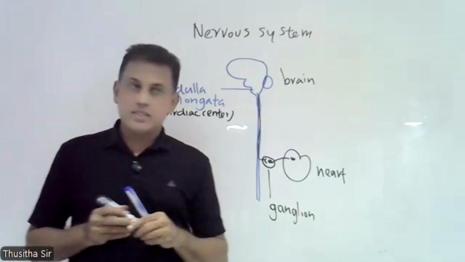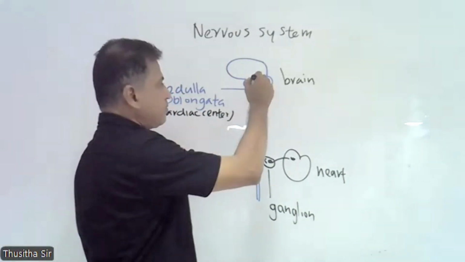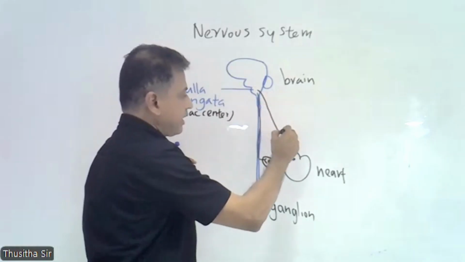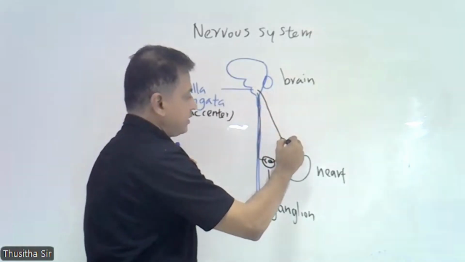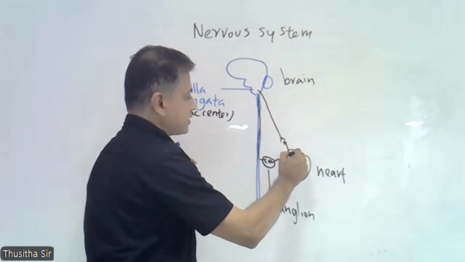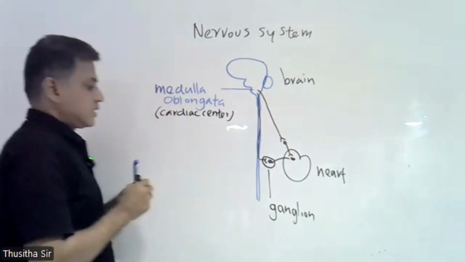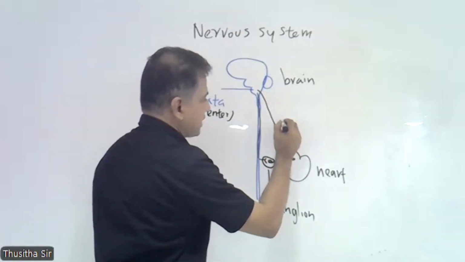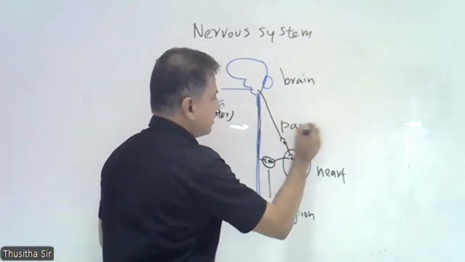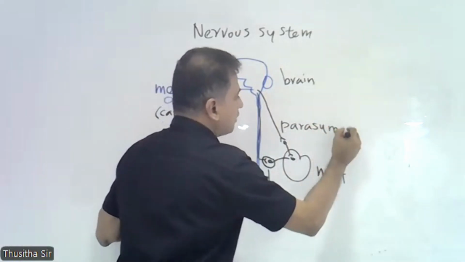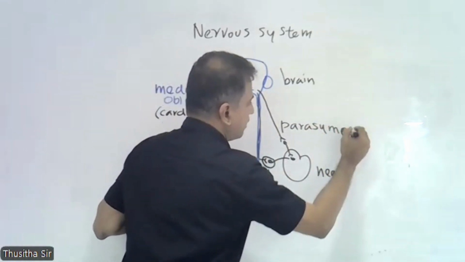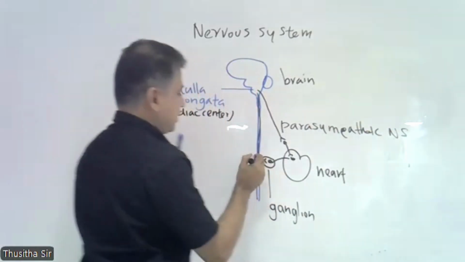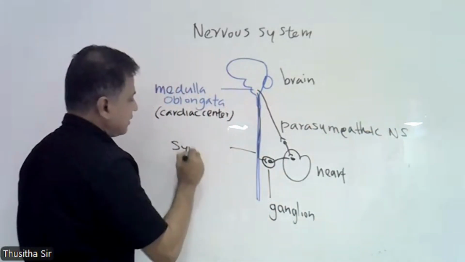A sympathetic nervous system is directly coming from the brain, and it's going here, and here it makes a next neuron like this, nerve cell. So this is parasympathetic. Sympathetic nervous, and this one is sympathetic.